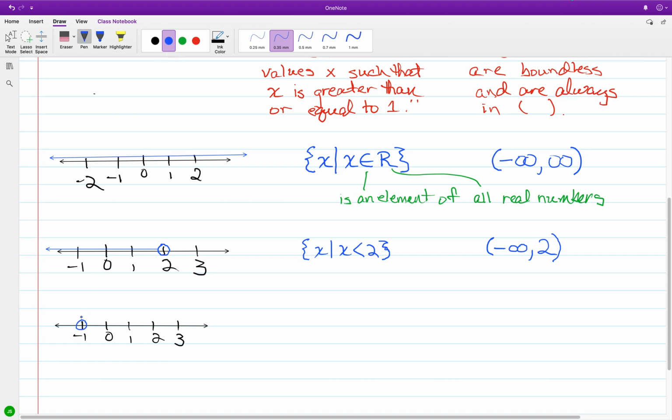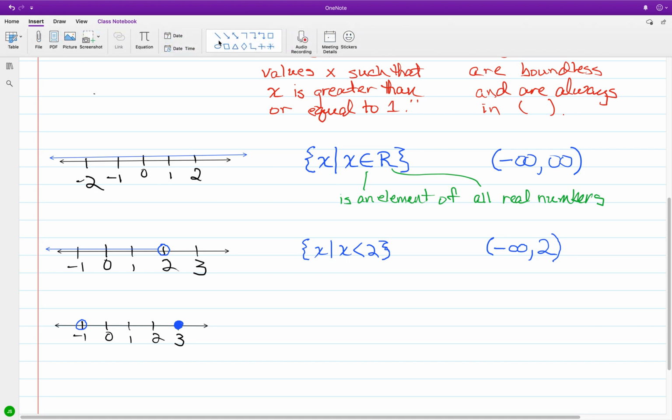We'll say we have an open circle on 1 and a closed point at 3, and connecting the locations, we'll just use a line segment.